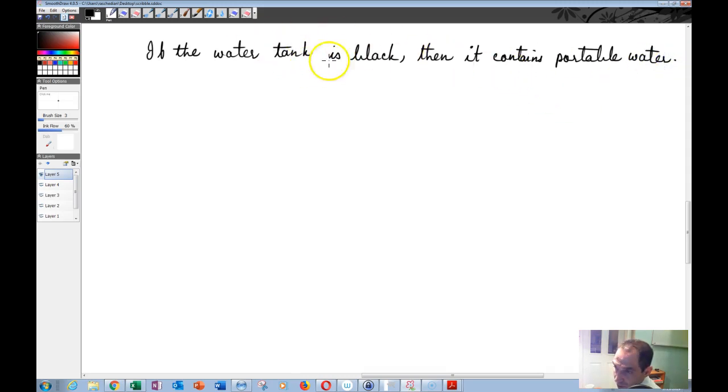If it doesn't make any sense to you, it's just because in India, portable water is in black containers.